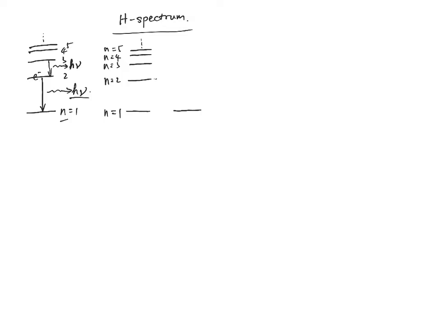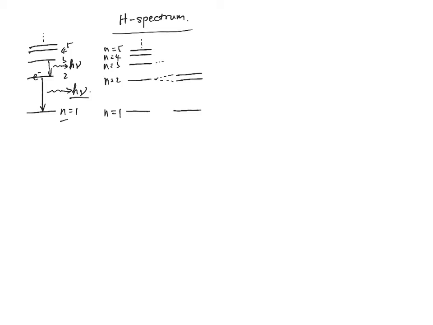Starting from the second energy level, there's actually some little difference for atoms with more electrons. Your n equal to 2 energy state actually has a split. It becomes two different energy levels, very close to each other, but one a little higher and one a little lower.